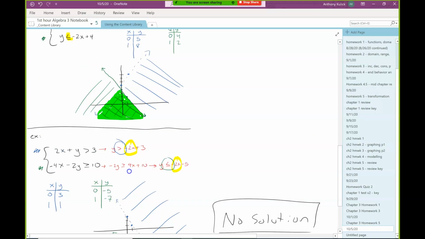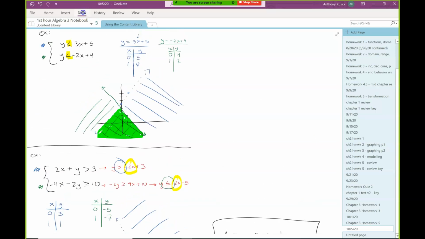So if I go back to that previous example, for instance, 0, 0 is in that overlap, right? So if I plug 0 in for x and y, I'd have 0 is less than 5 for the first one, and I'd have 0 is less than or equal to 4 for the second one. Both of those are true, right?